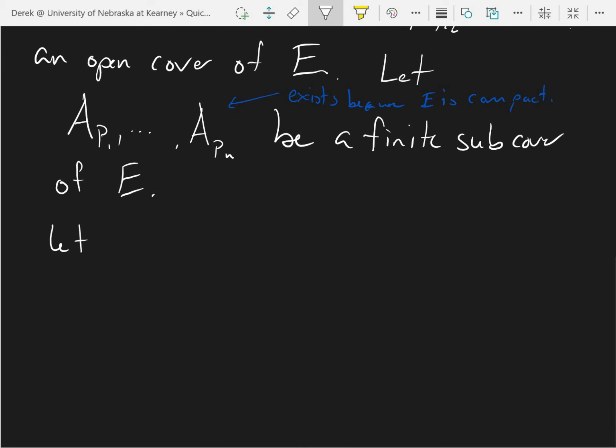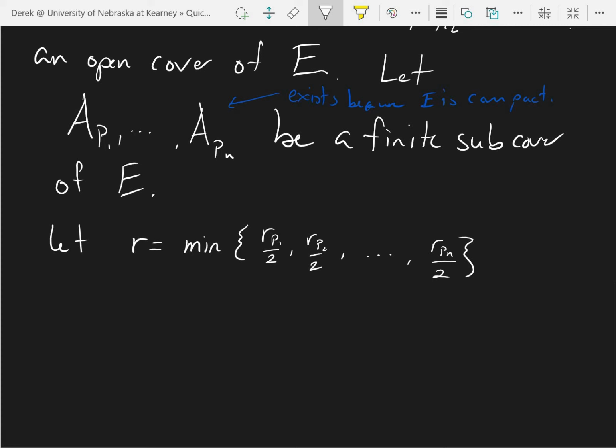Let's say R equal the minimum of R sub P1 over 2, comma R sub P2 over 2, comma all the way out through R sub Pn over 2.